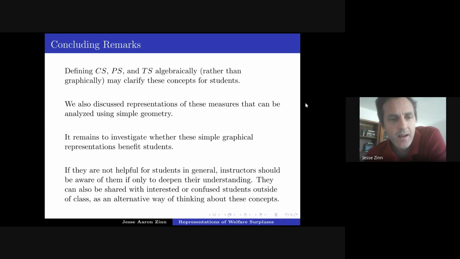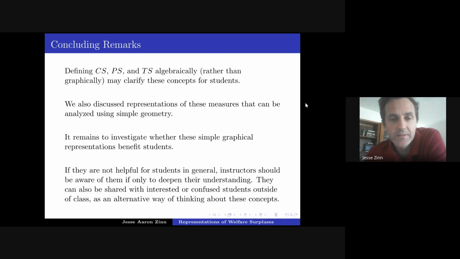But anyways, even if these rectangular representations are not helpful for students, I think instructors should be aware of them, if only to deepen their understanding of these concepts.